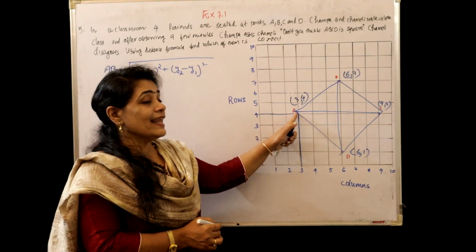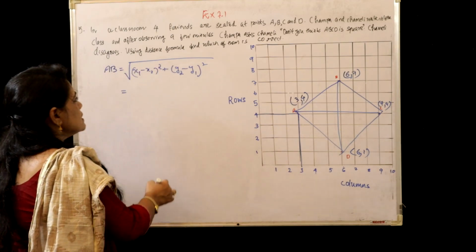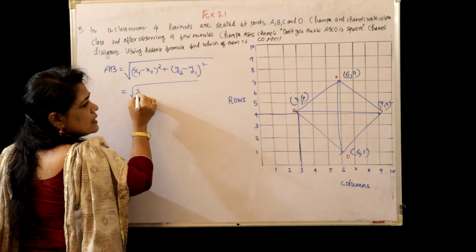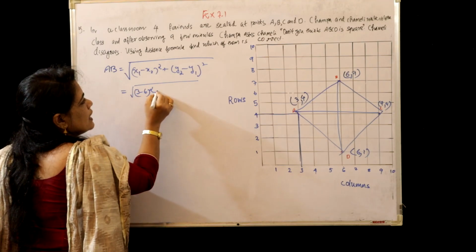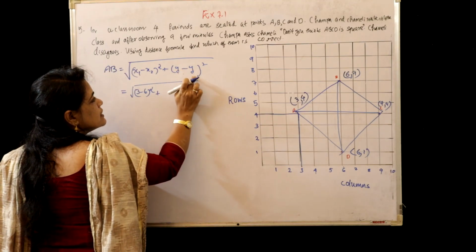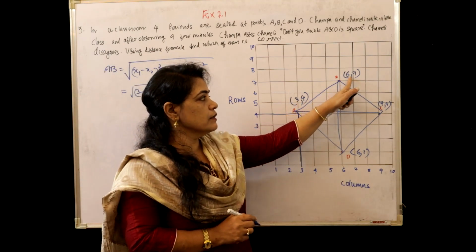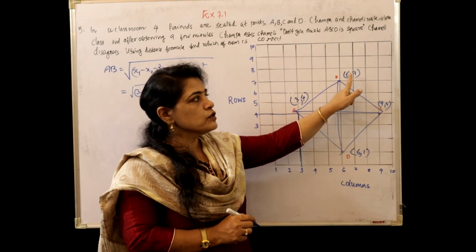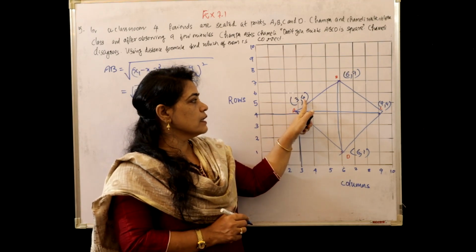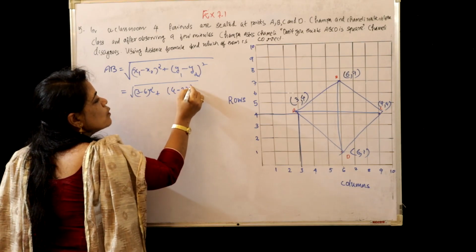We have considered AB first, so A is x1, y1 and B is x2, y2. So x1 minus x2 whole square: the square root of 3 minus 6 whole square plus y1 minus y2 whole square, that is 4 minus 7 whole square.